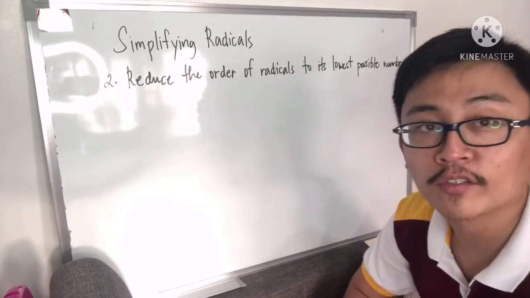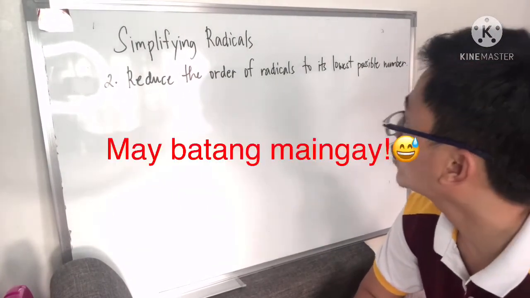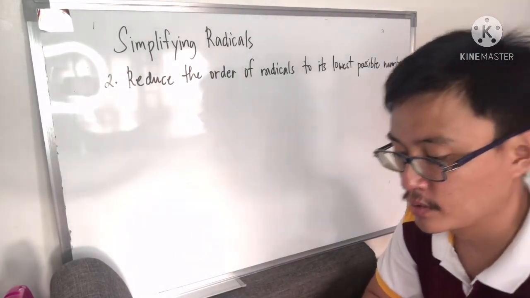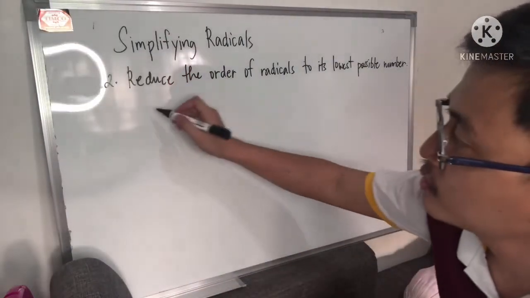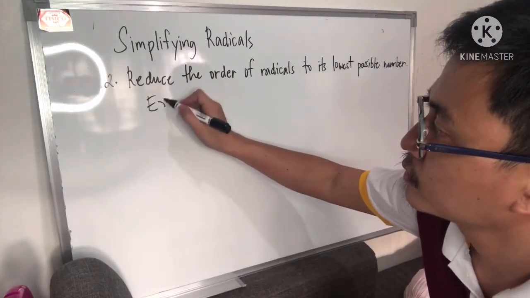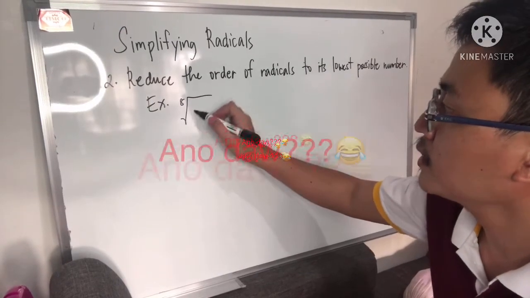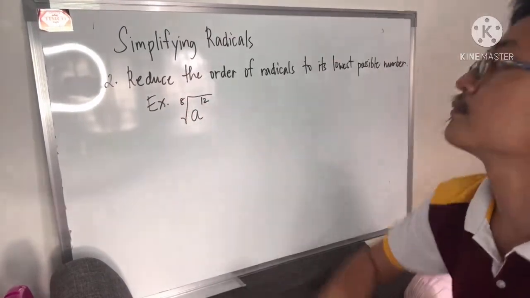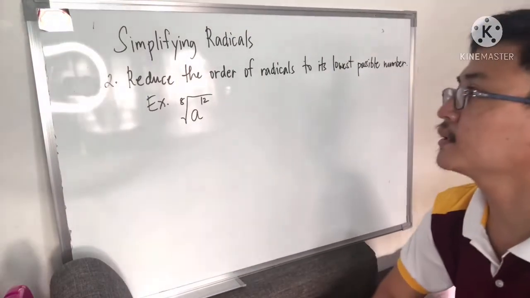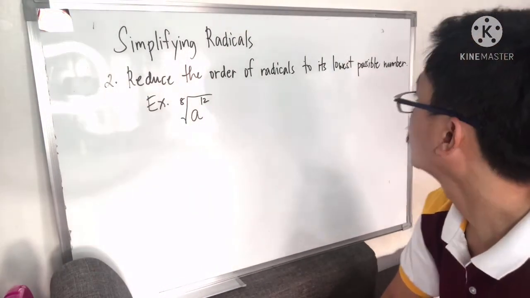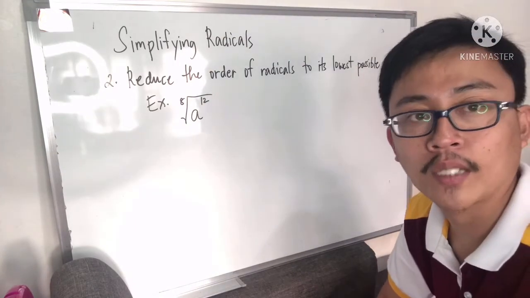Okay, so yung second condition natin is reduce the order of radicals to its lowest possible number. Example, 8th root of a raised to 12. So, ang objective naman sa second condition is mapababa natin yung index to its lowest possible number.